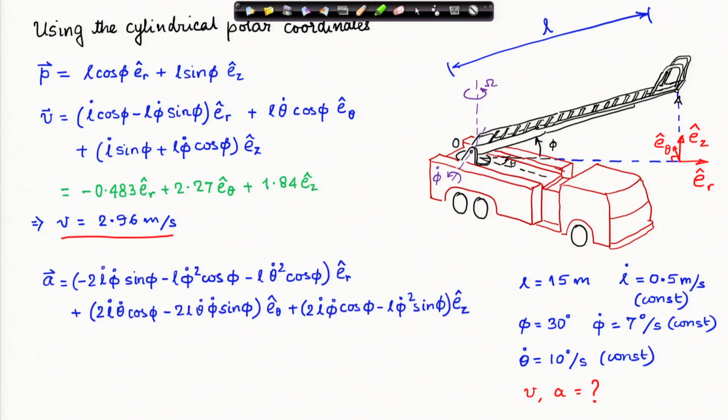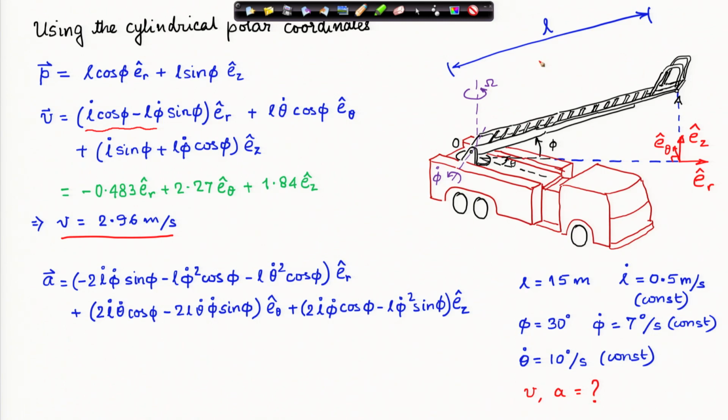Now, the acceleration, I differentiate the velocity once again. Let us look at a few terms. So, I start differentiating L dot cos phi. When I differentiate, I get L double dot, but then L double dot is 0.